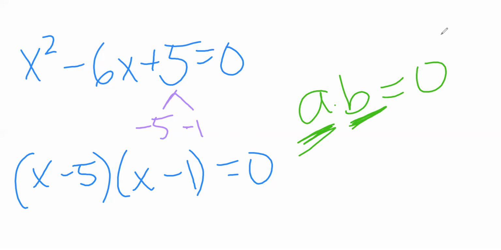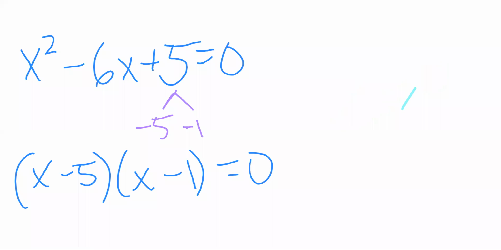So what we are saying here is that with our equation right here, either this x minus 5 has to be 0 or the x minus 1 has to be 0 in order for our equation to be equal to 0, which means that we can set both equations up and get two different possible answers for x.